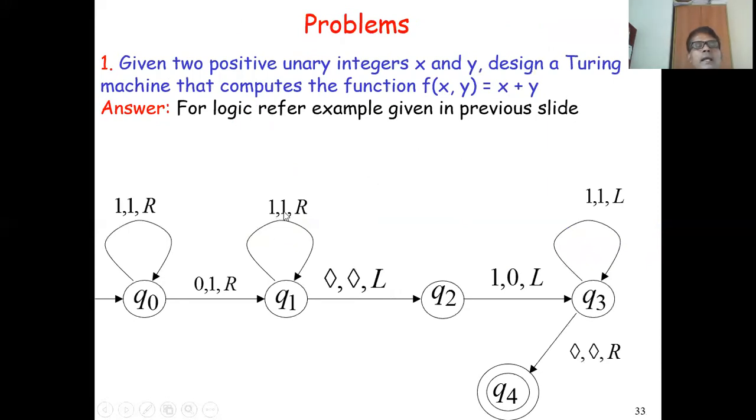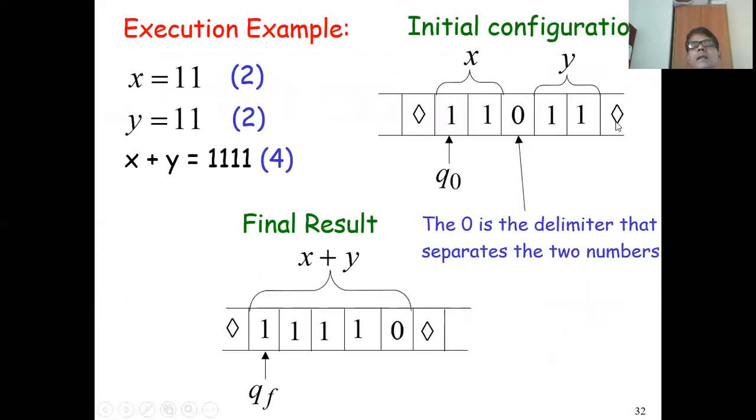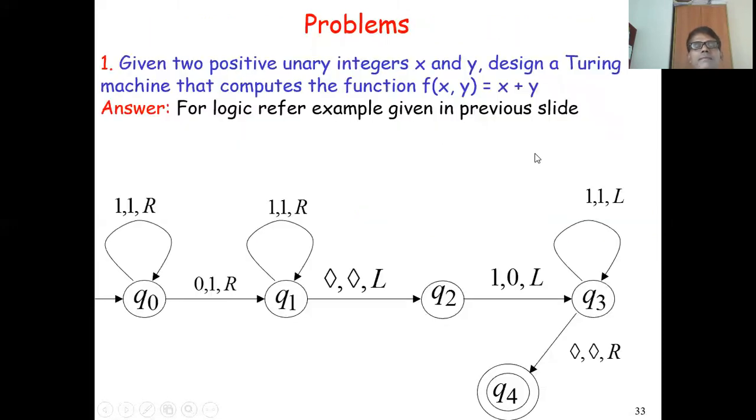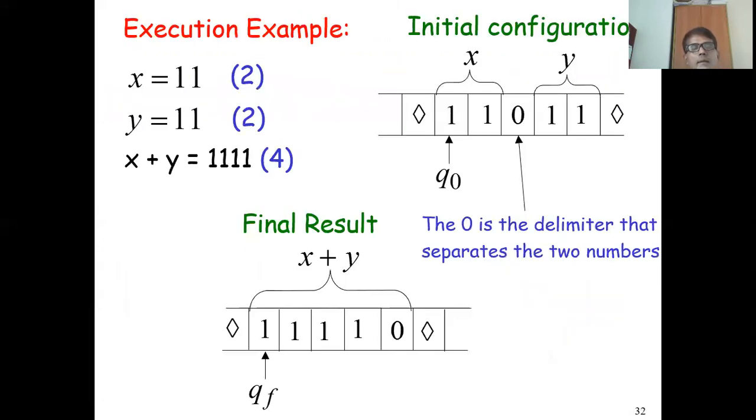It will keep on moving right, replacing 1 by 1 and moving right. When it encounters a blank symbol, it will replace blank by blank and move left. Then it will replace the extra 1 by 0 and move left.